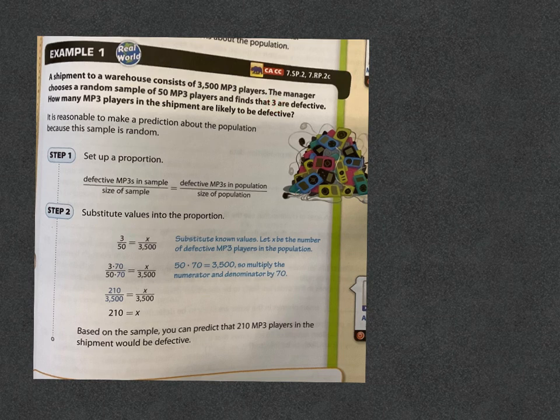Well, if the ratio of 3 out of 50 were defective, so find out how many were defective out of the amount of his sample. If 3 out of 50 were defective, then if we were to compare that to the whole shipment of 3,500, we can figure out how many might be defective. So the way they do this here is they say, okay, this is now a proportional relationship. It says equal, right? And I can look at 50 and think, what times 50 equals 3,500?